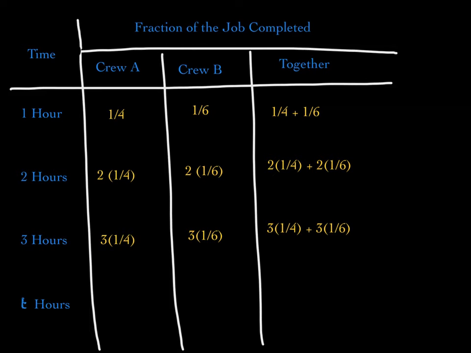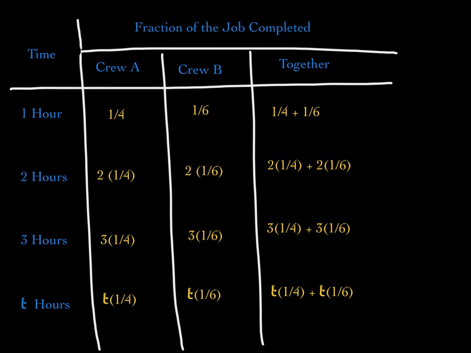So notice the pattern. 2 represents the time that they're working, how many hours, and this represents the rate at which they're working. 3 represents the time, and 1/4 again represents the rate. So now let's fill out this last row with T hours.